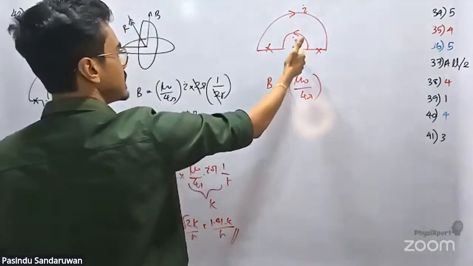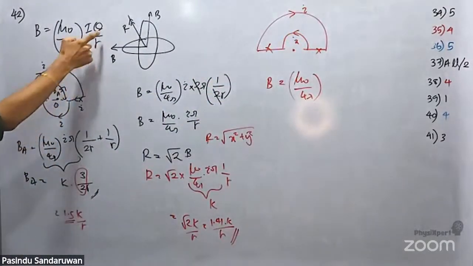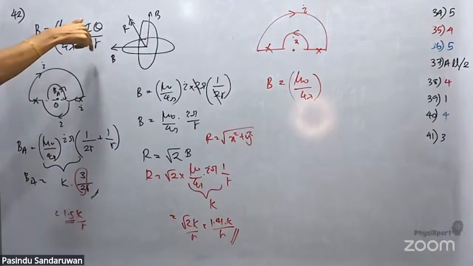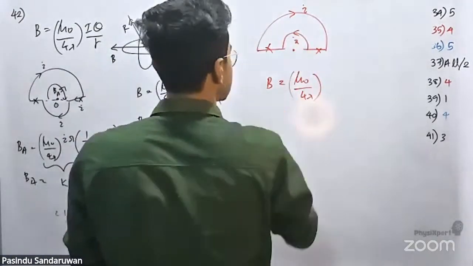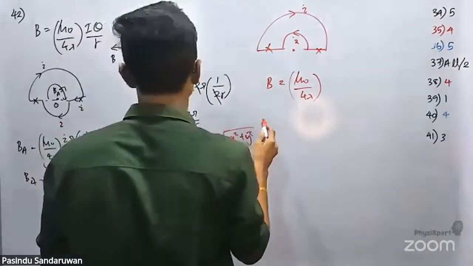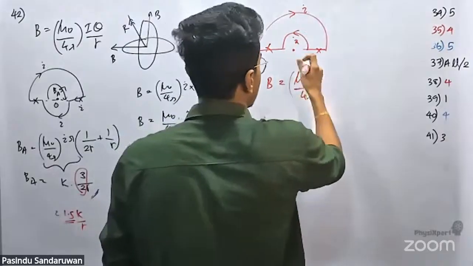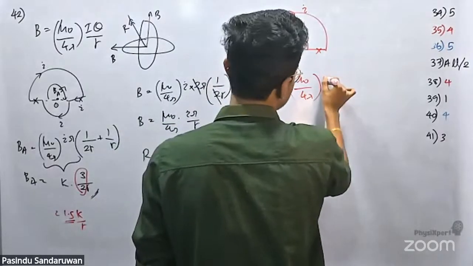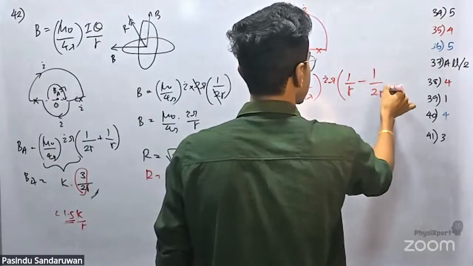Always, lesser the distance, lesser the radius, higher the field. When radius increases, field decreases. When radius decreases, field increases. So therefore, the net flux here is dot. Angles are same and currents are same. I pi is common. 1 over R minus 1 over 2R, right?